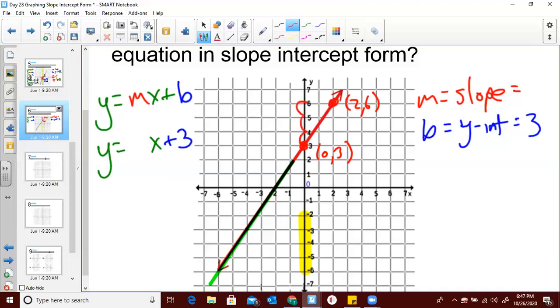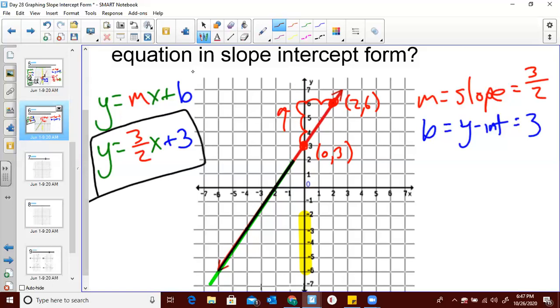So we went up, so that's going to be positive. Remember, it's rise over run, so 3 over. And then we're going to go to the right, 1 and 2. And you can't simplify any more than that. So your slope will just be 3 over 2. And this will be your slope-intercept form for the linear function or equation.